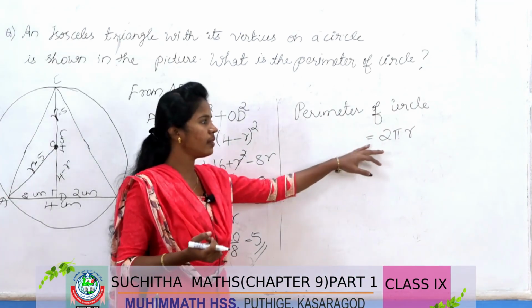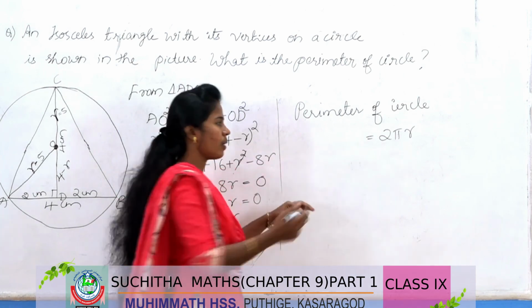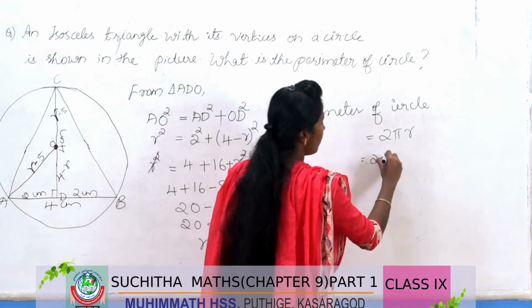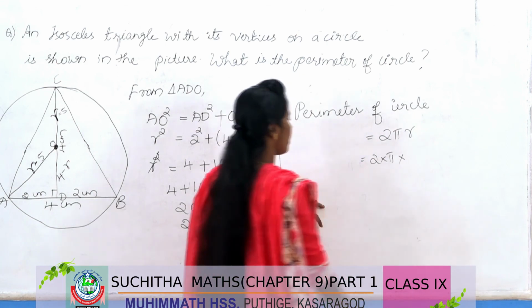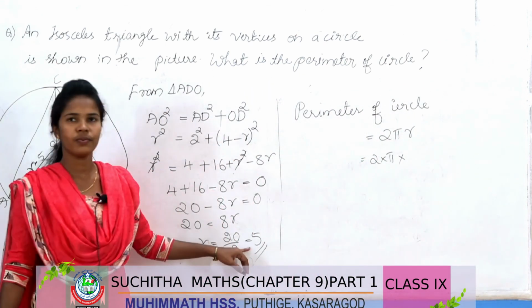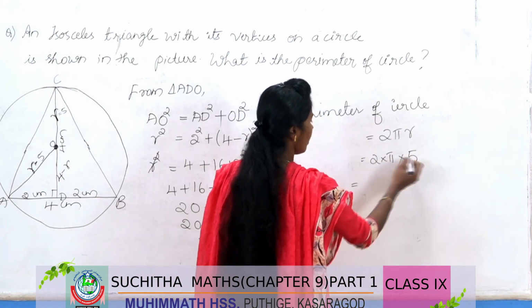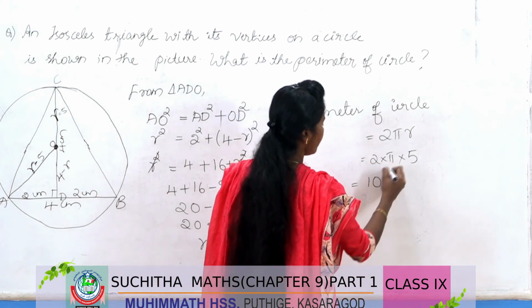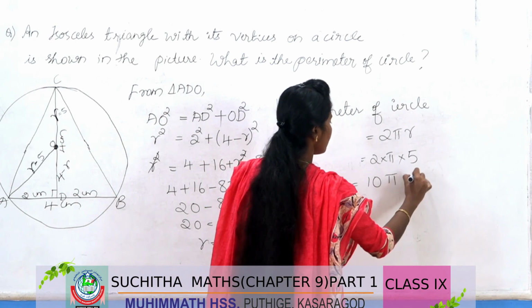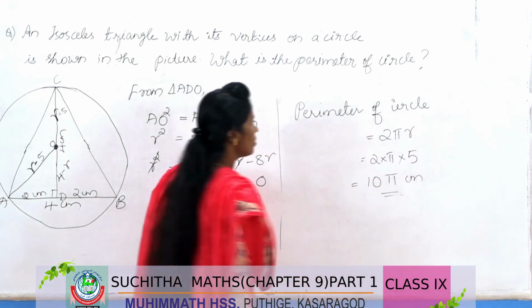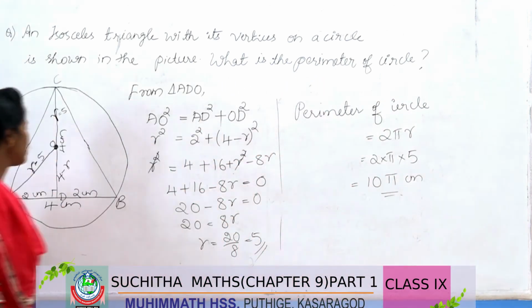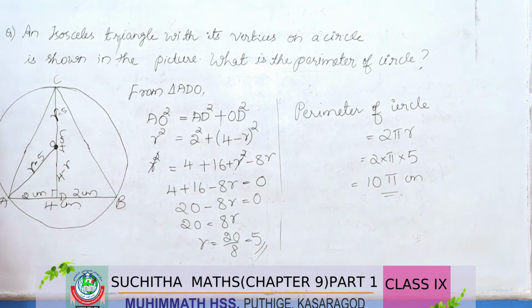Now apply the value of the radius. 2 into pi into r. R is 5 centimeter. 5 into 2 is 10. 10 into pi centimeter. So the perimeter of this circle is 10 pi centimeter.